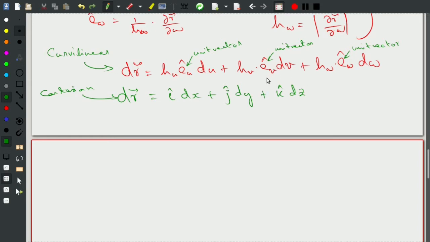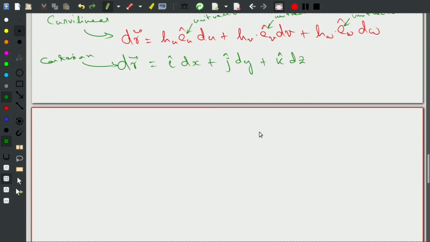So let's use this curvilinear representation for the position vector to derive the derivative of the position vector in the Cartesian system. In the curvilinear system, this e_u vector equals 1 by h_u, dou r vector by dou u, right?